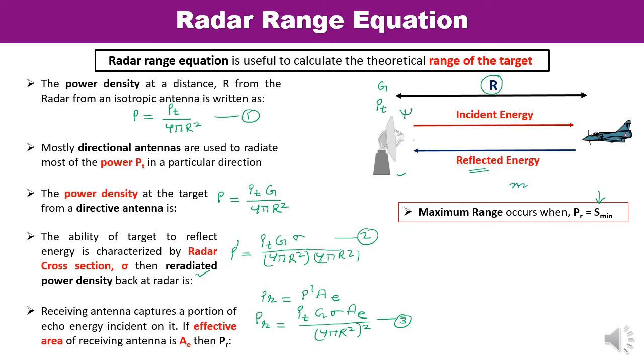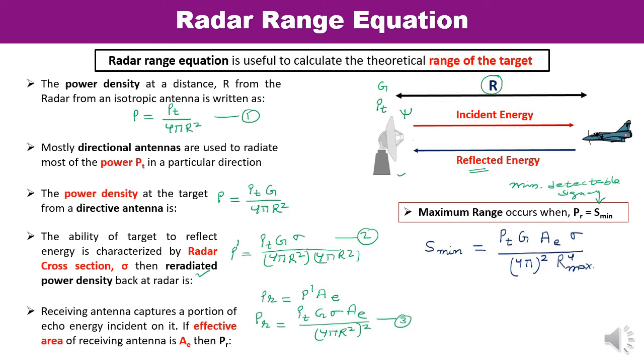So in this equation number 3, we can replace PR with S minimum and R with R maximum. So what equation are we getting now?